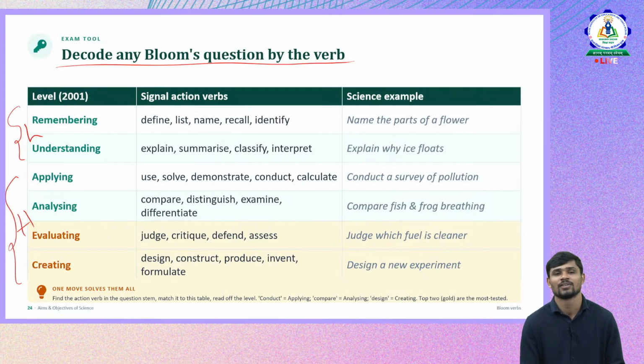So the understanding level is very important for these kinds of verbs. Then under applying, we have use, solve, demonstrate, conduct. Then analysis: compare, distinguish, examine. Whenever you see these action verbs in a question and they ask you to map, we can map them to that particular learning level of Bloom's taxonomy.